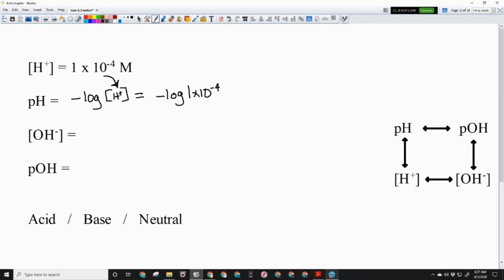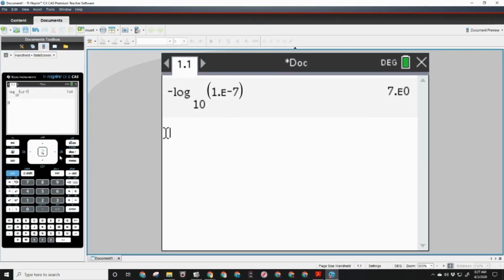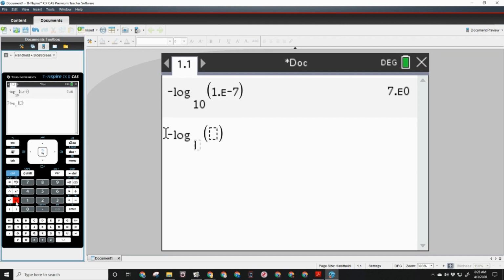So if we go to our calculator, we do the negative log, and this is base 10. Move our cursor over. You hit this button right here to move your cursor over. 1 times 10 to the, so that's the E button, -4, enter, and the pH is 4.